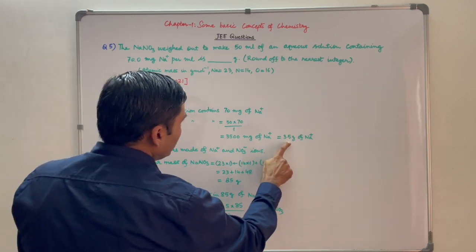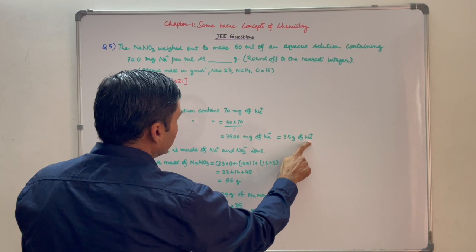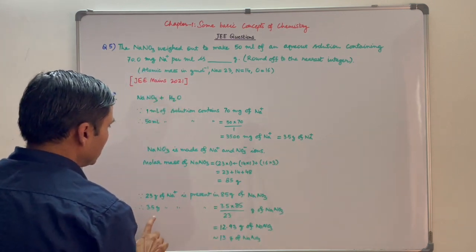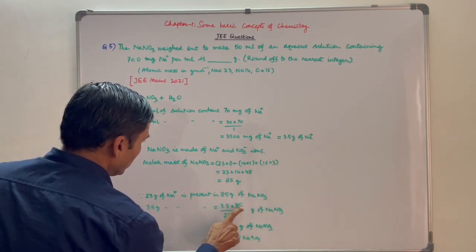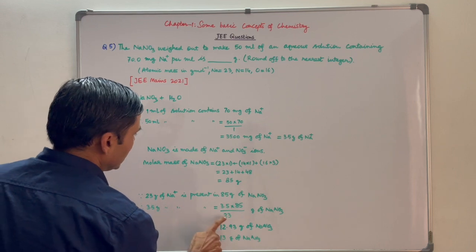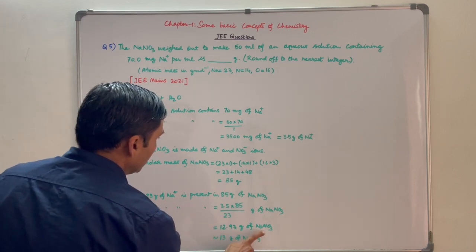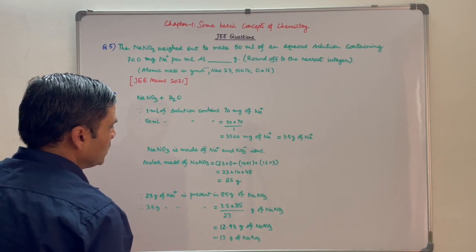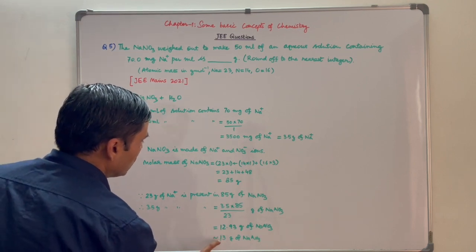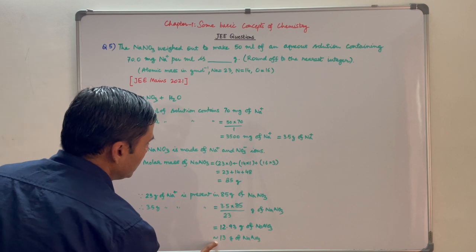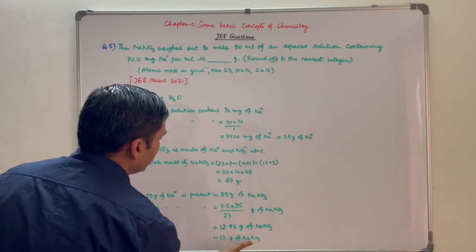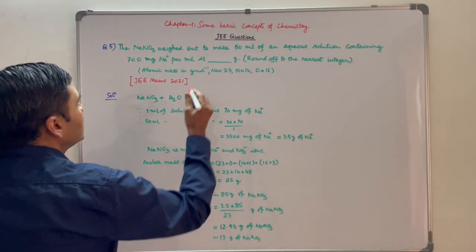So 3.5 gram of Na plus will be there in how much of NaNO3? It will be 3.5 into 85 upon 23. That comes out to be 12.93 gram of NaNO3. Now we have to round off to the nearest integer. It will be equal to 13 gram of NaNO3. So we will fill 13 here.